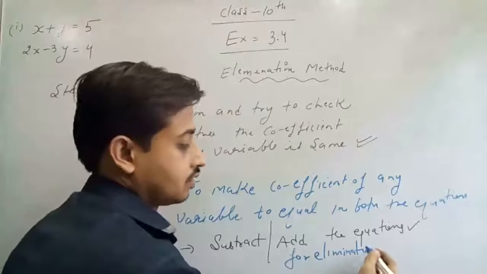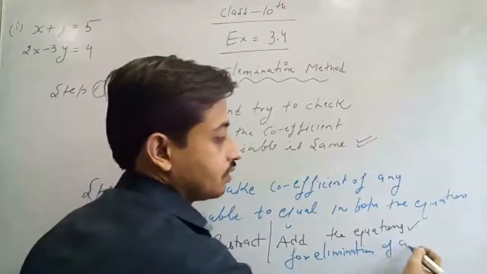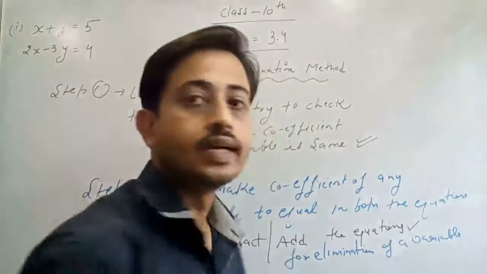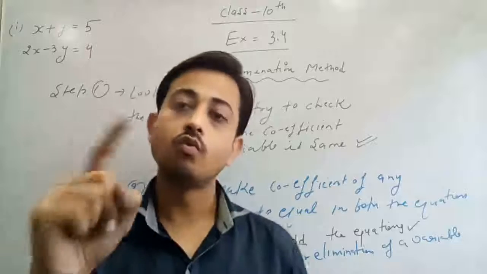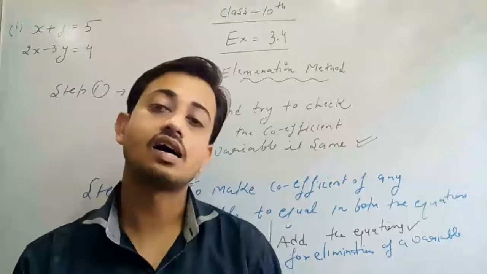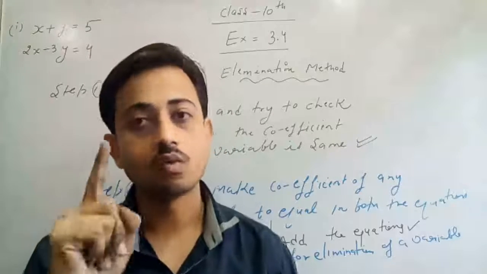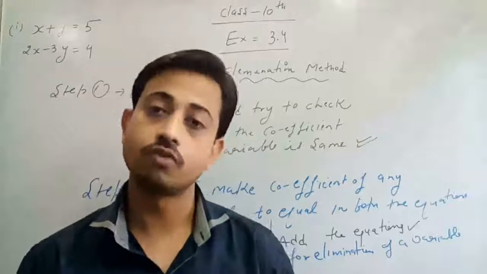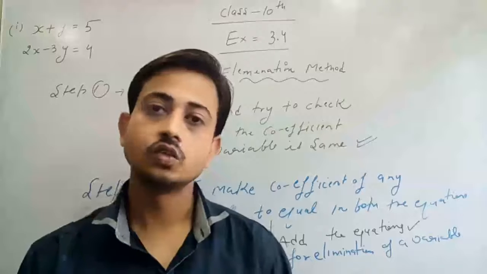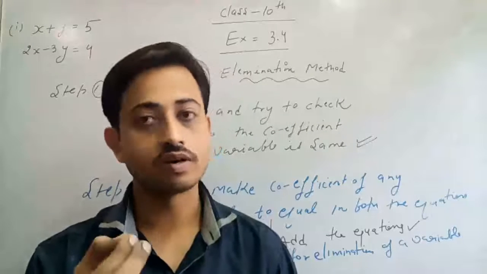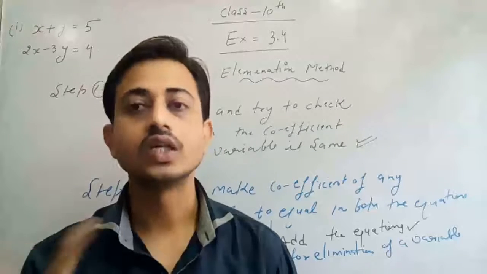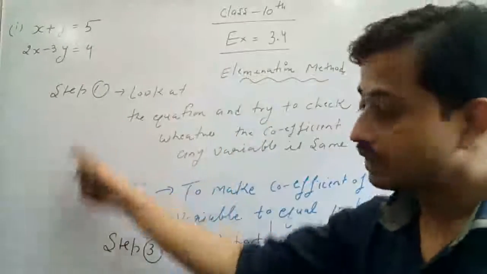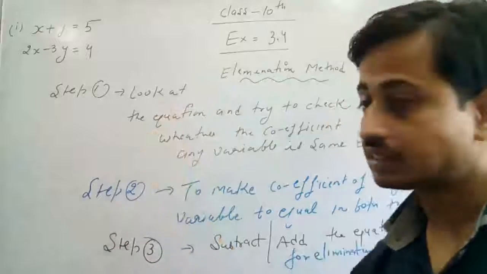The third step is basically to eliminate one variable so that we get an equation in terms of only one variable. So you have to follow these three steps. After that you get the solution of a pair of linear equations within 2 seconds or 4 seconds. It's very easy. So please note the three steps.